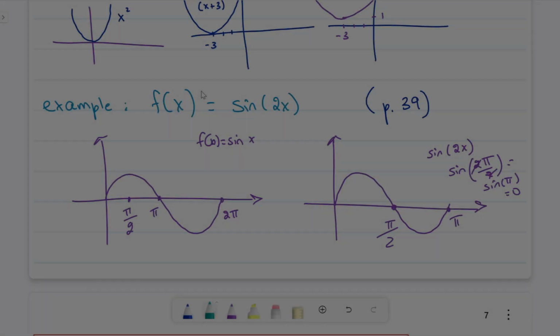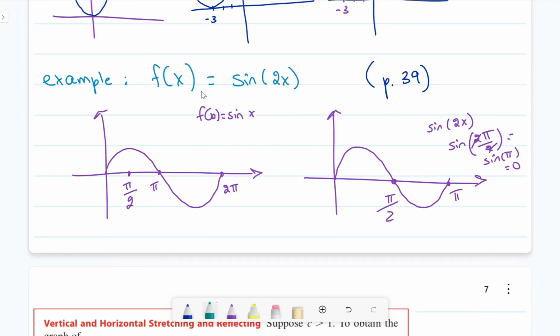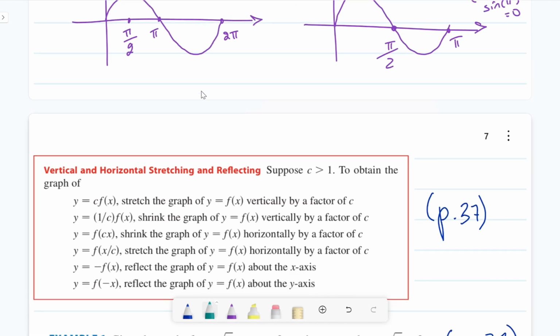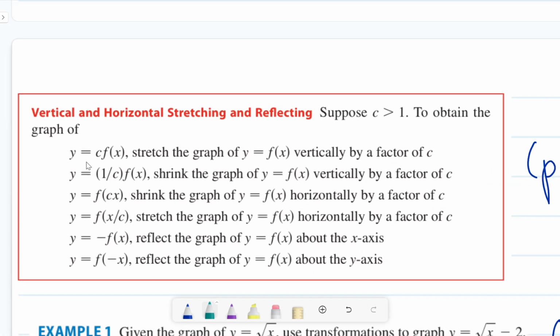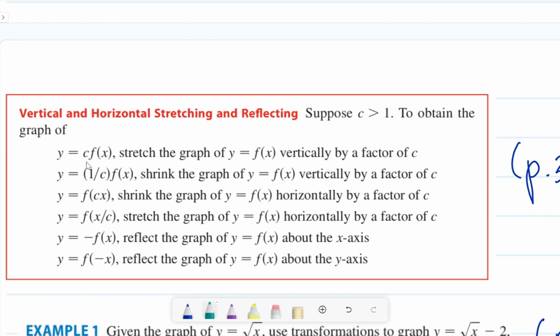After having done this previous example, I think it is time to look at stretches and compressions of graphs. So this was an introductory example. Now let's look at the rules. Suppose c is greater than 1. If I do y equals c times f of x, this stretches the graph of y equals f of x vertically by a factor of c.